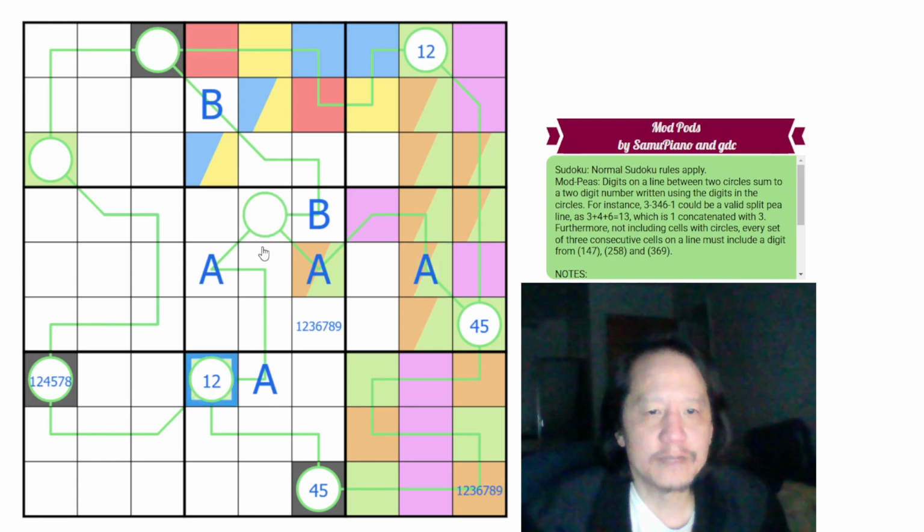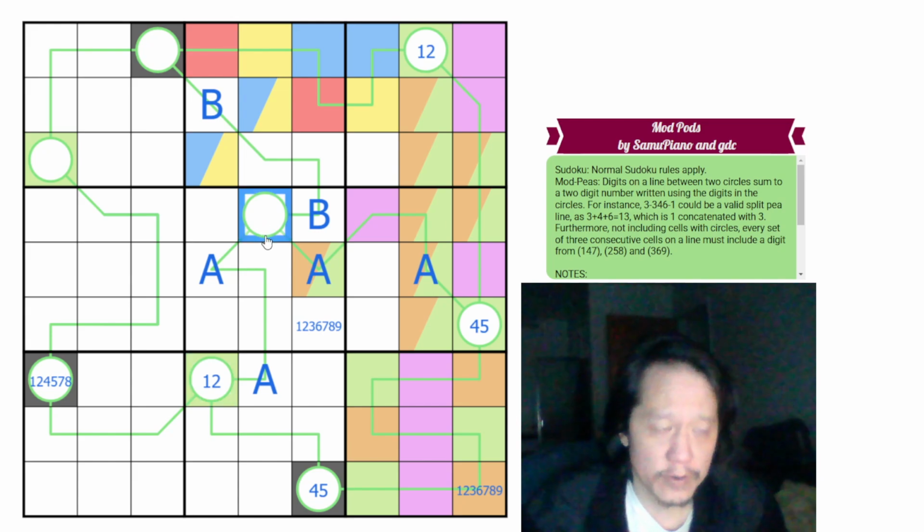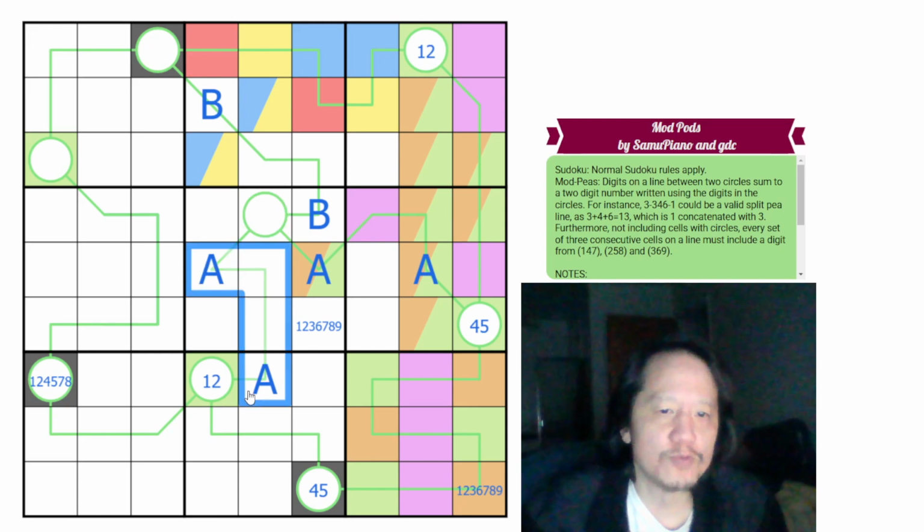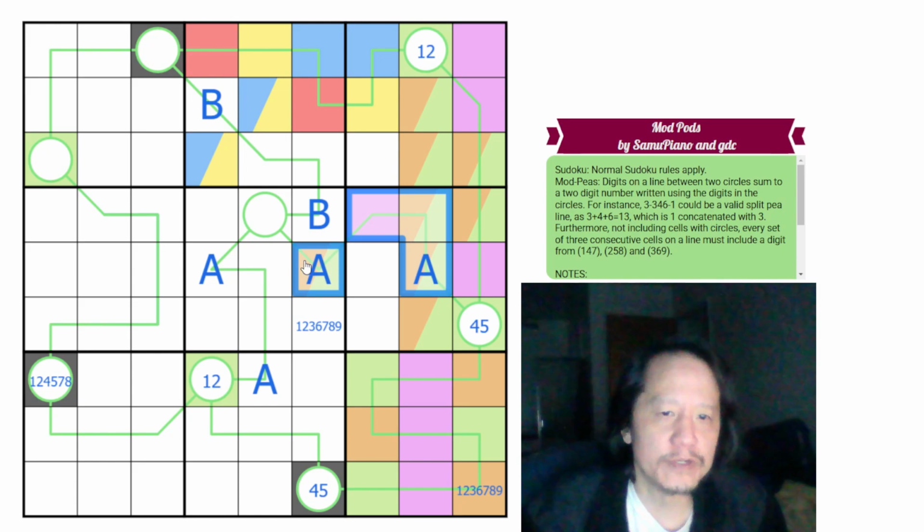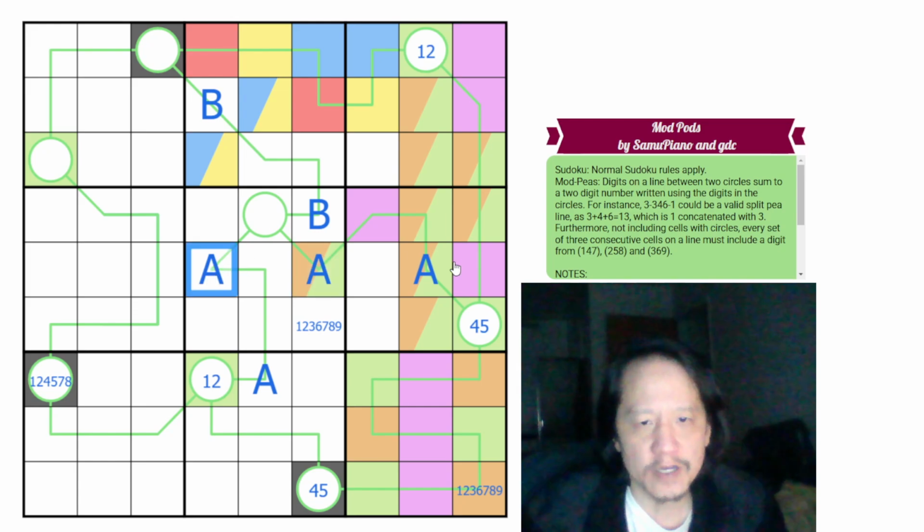If these all add up to 1 mod 3, say this was a 2 and a 2 added together, or a 2 and a 3 added together, or 1 and a 3 added together, then this would also add up to 1 mod 3, and this would add up to 1 mod 3, so therefore both of these would have to be 1 mod 3. So these are all the same set.